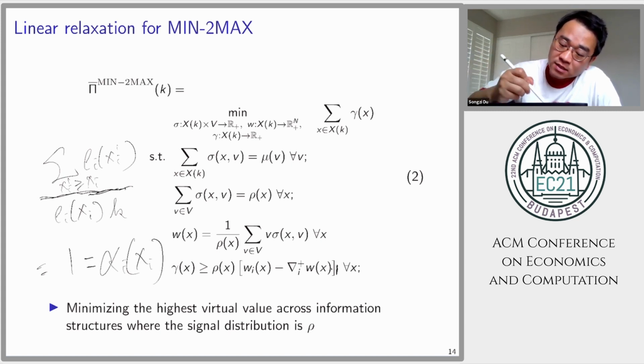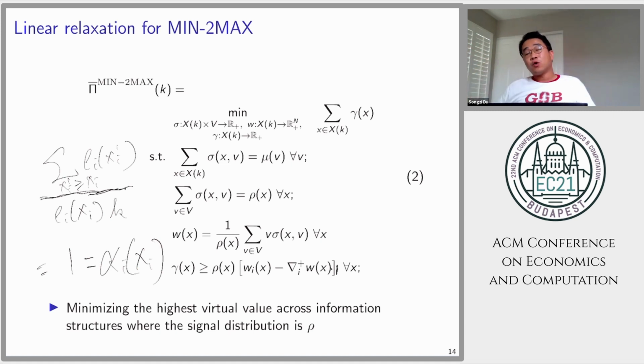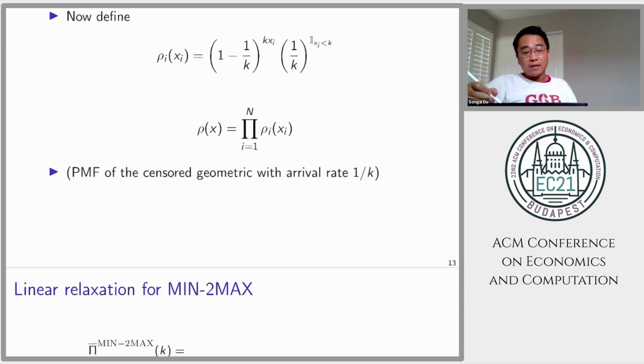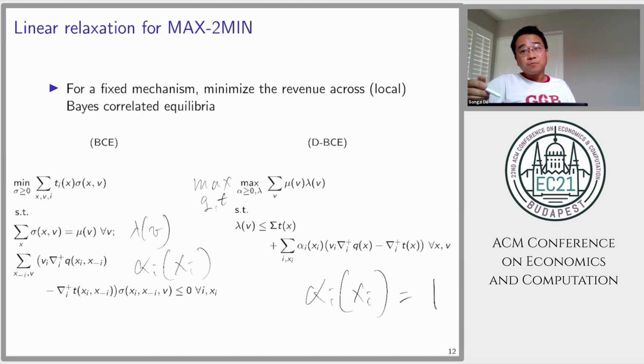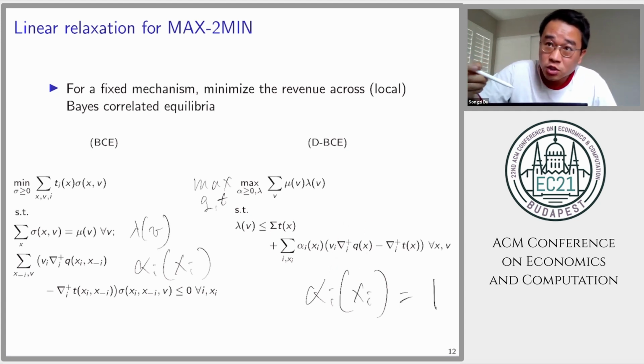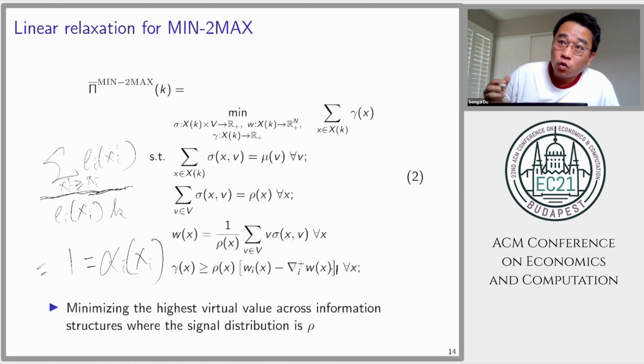That happens to also be the multiplier that we have chosen in the previous program. So although it is not apparent that there is any relationship between these two programs, we are choosing the same value for the local incentive constraint.